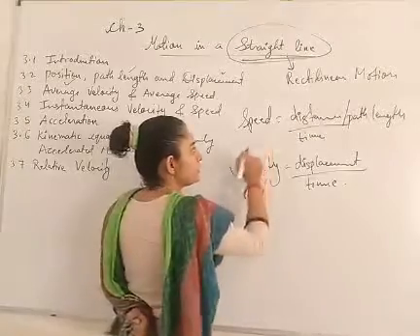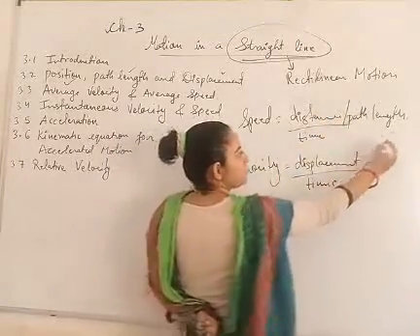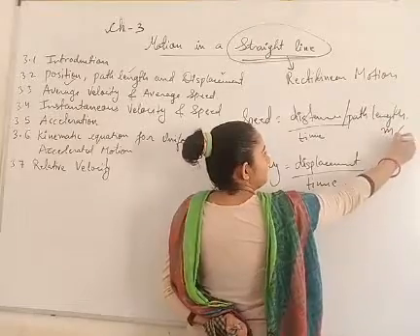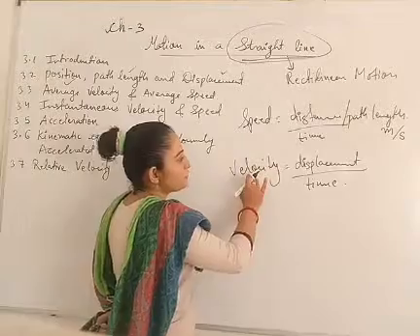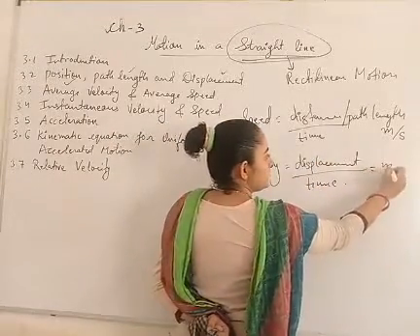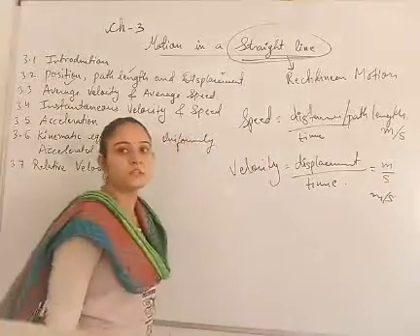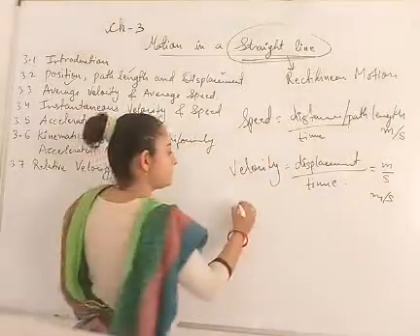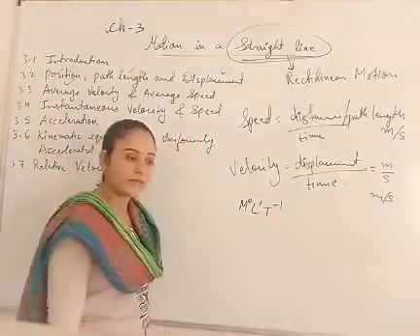Here the unit will be the same, because distance or path length is also measured in meter per second. For velocity, that is displacement upon time, the unit of displacement is meter and the unit of time is second, that is meter per second. Its dimensional formula will be M0 L1 T minus 1. Why minus 1?